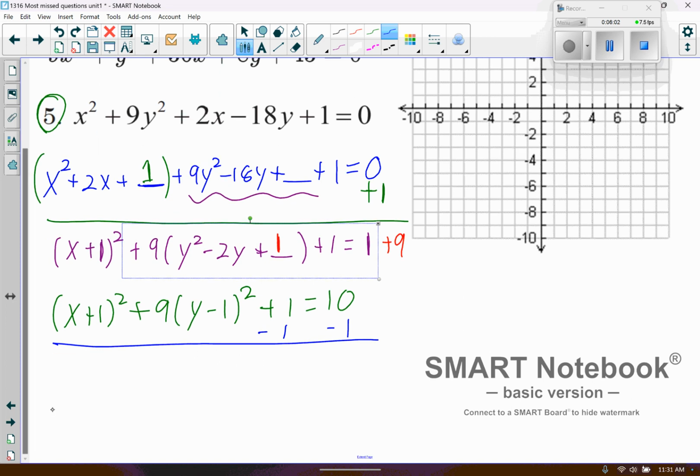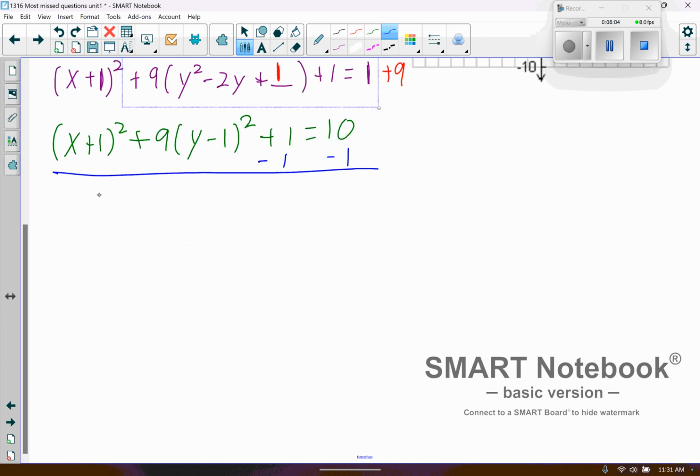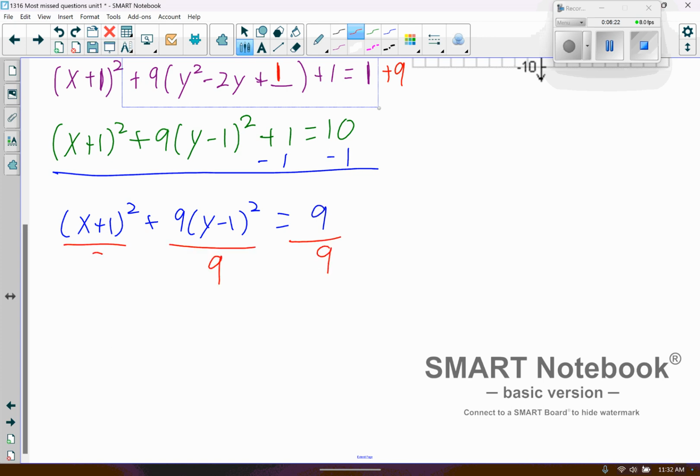Let me give myself a little bit more room. We're going to still have this x plus 1 squared plus 9 times y minus 1 squared, and then equals, this will be a 9 over here. Last but not least, I need that to be a 1, so I'm going to have to divide everything by 9.